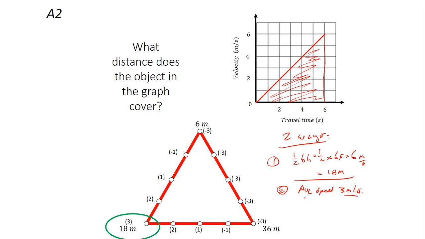And what you can do is you can say, well, even though it's speeding up, its average speed is 3 meters a second. If I do distance equals average velocity times time, if it was just going at that average speed for the 6 seconds, that also equals the 18 meters. So that's two different ways to do that, both the same answer.